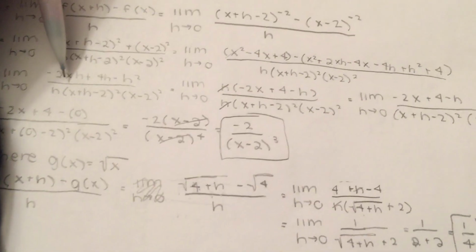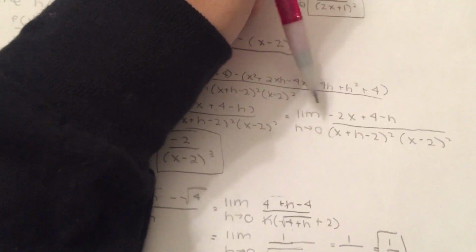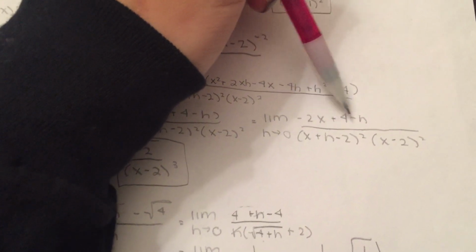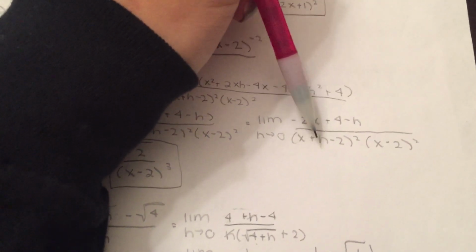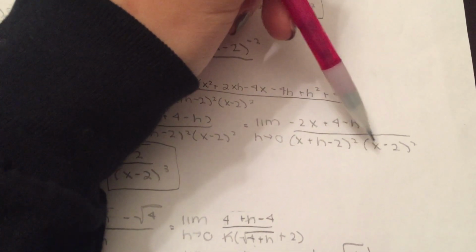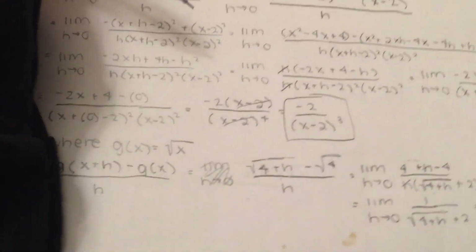So we factored out the h so that these two h's cancel out. So it becomes even further simplified to negative 2x plus 4 minus h over (x plus h minus 2) squared times (x minus 2) squared.